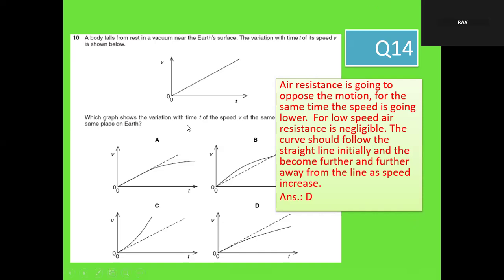Different. A shows that as velocity increases, it's still a straight line. Whereas this one shows that as the velocity increases more and more, air resistance becomes significant, so it goes further and further away. Initially it's a straight line only. Okay.